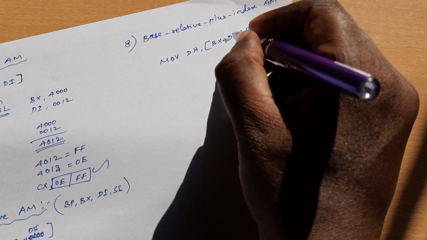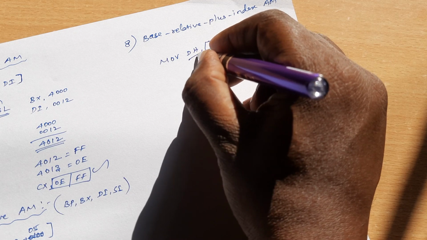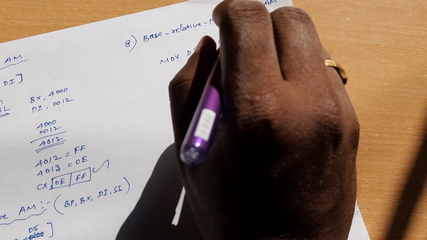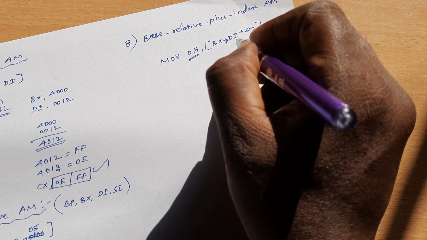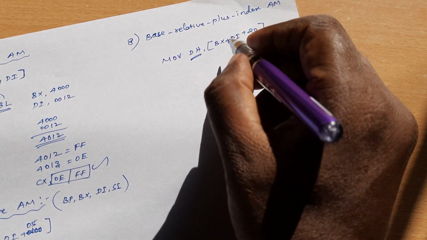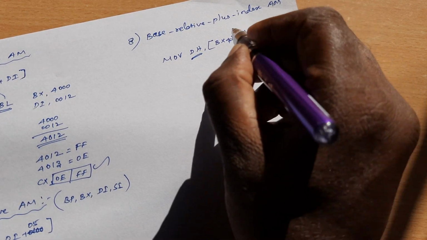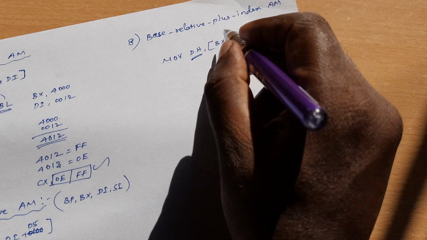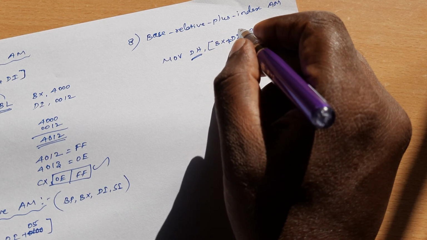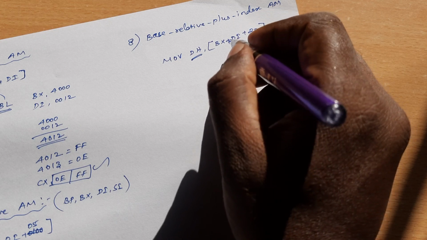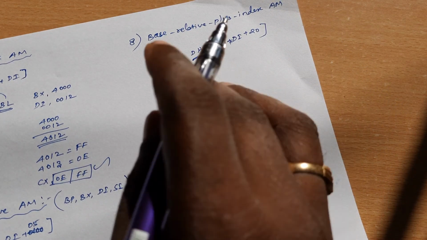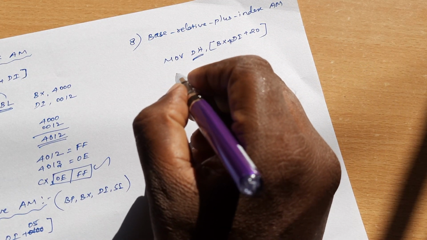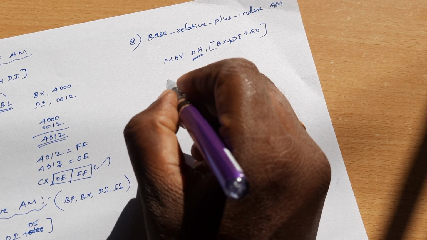That actual address value is moved to DH. So this is destination. So to find the one particular address, we actually sum 3 different numbers from 2 registers and 1 immediate value. So this is actually called base relative plus index addressing mode. This kind of addressing mode is also used when we have huge amount of matrix type of data.